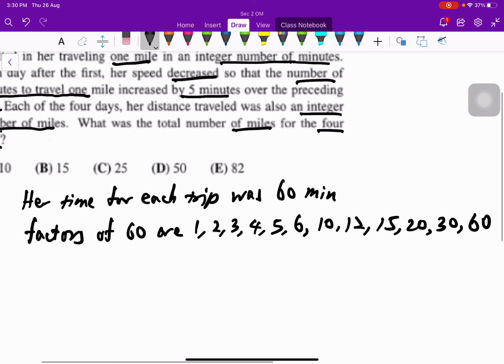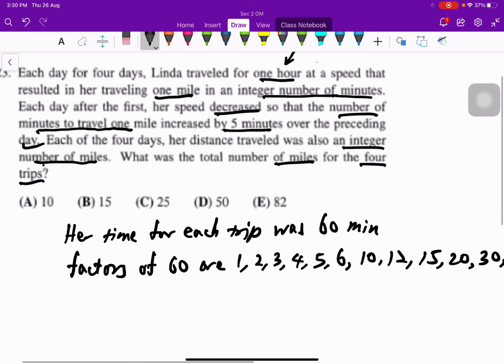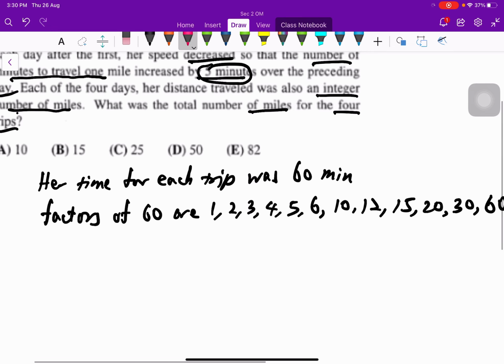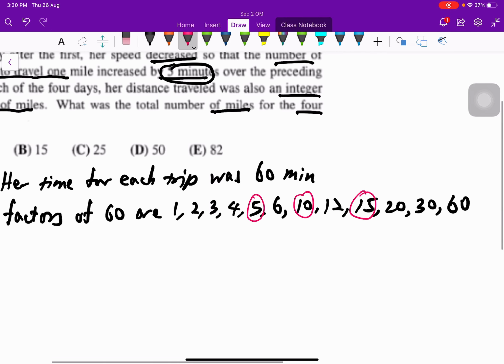Then the time to travel 1 mile decreased by 5 minutes. Can you see that? Therefore, in this case, you are looking at these 4 numbers: 5, 10, 15, and 20.